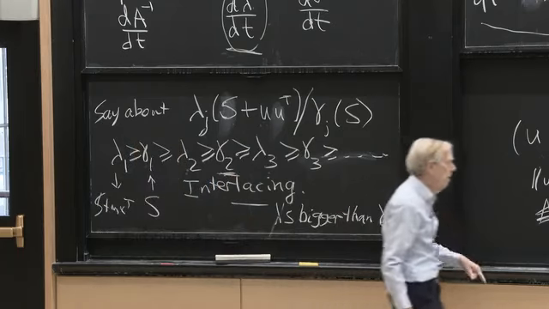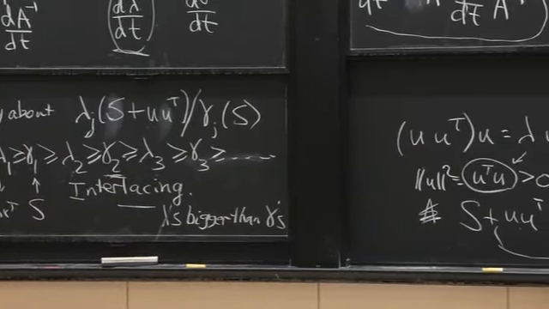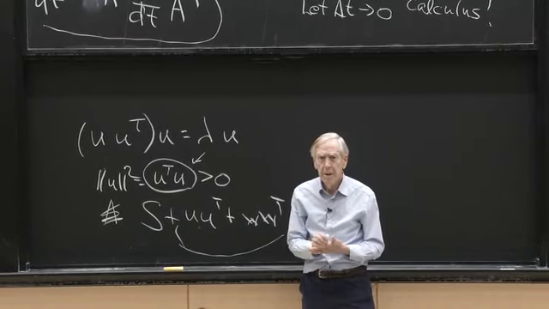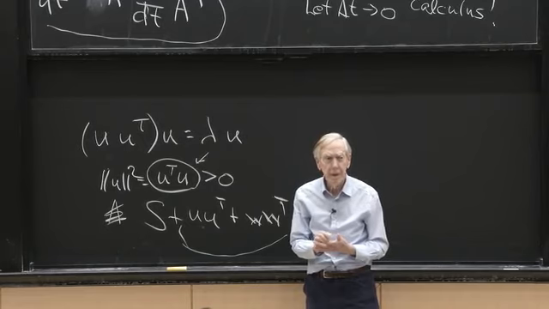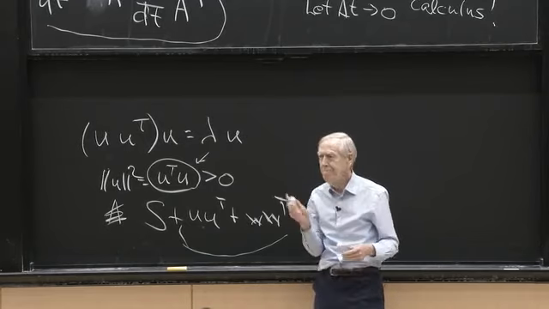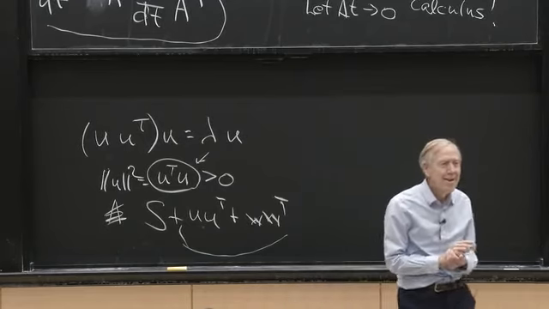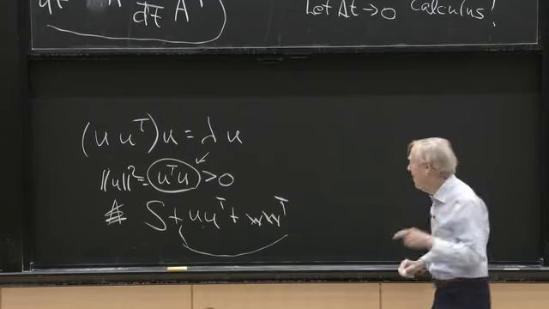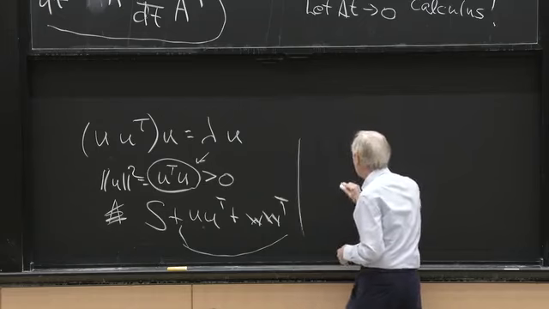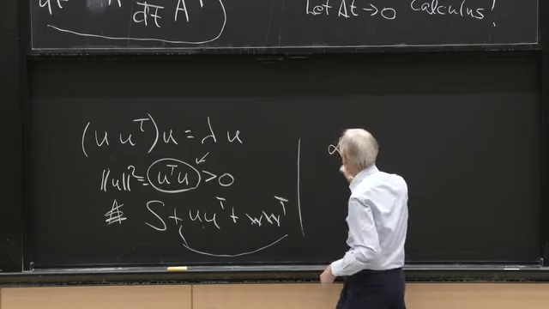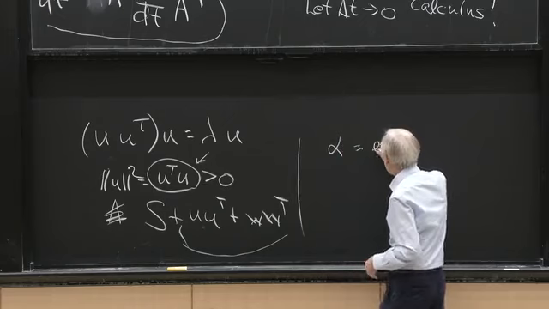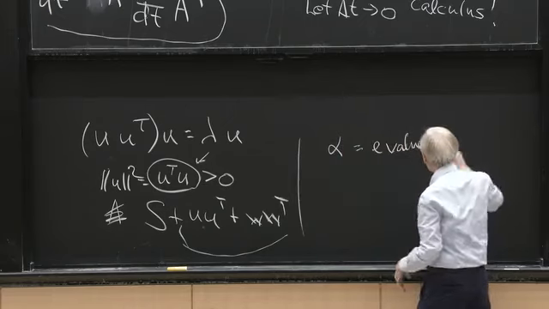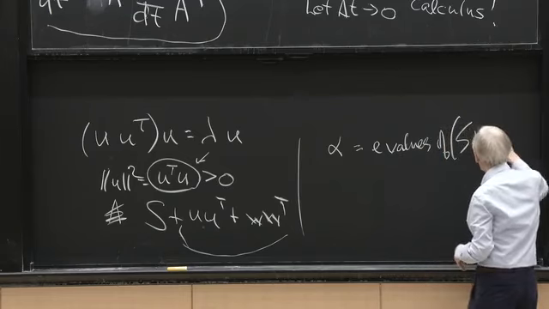Now, maybe I should use another letter. Did the Greeks have any other letters than lambda and gamma? They must have had some. Who knows one I can write? Alpha, good, alpha, right. So alpha is the eigenvalues of this rank 2 change.